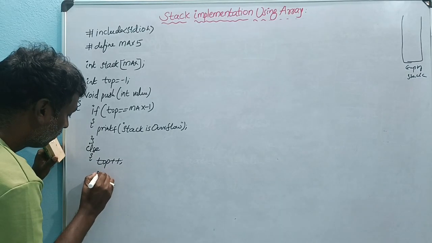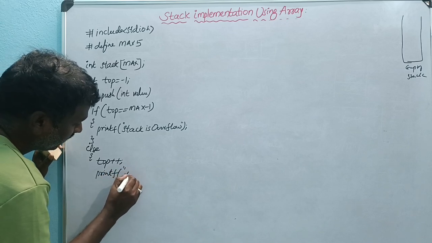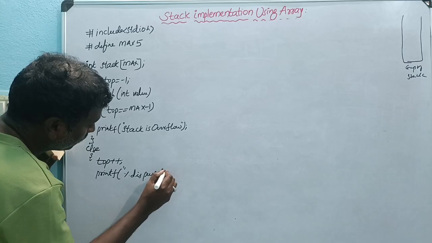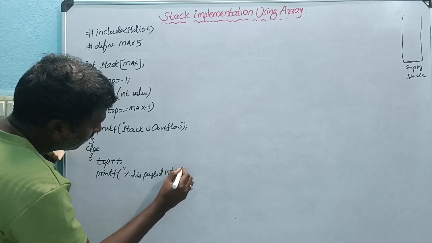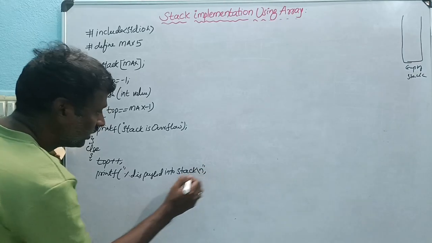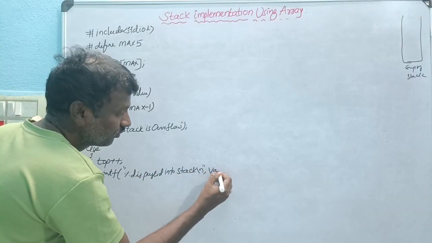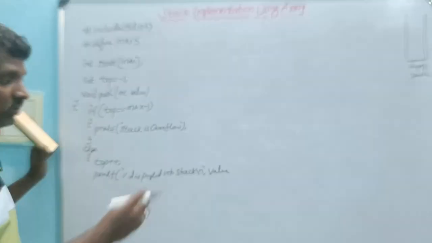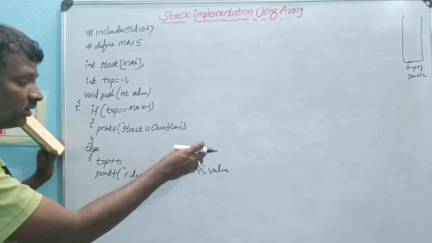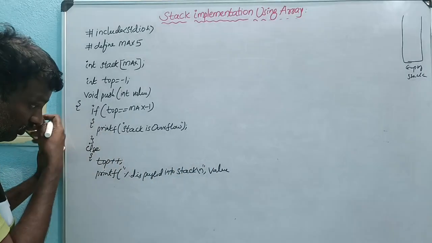Then printf percent d is pushed into stack, with the value. Whichever value we successfully enter in our stack, that value will be reflected after top plus plus.